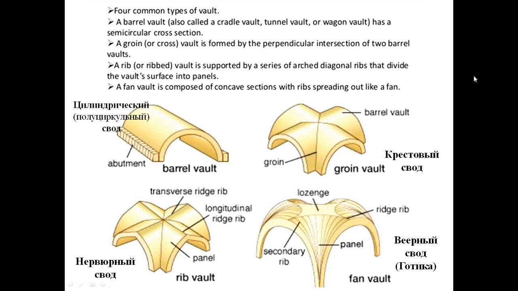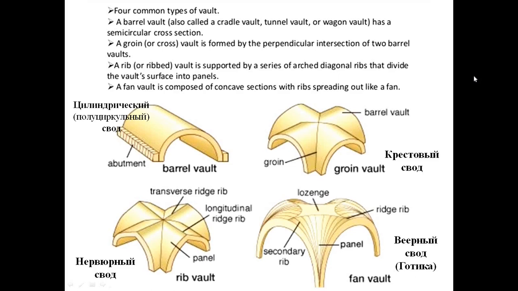So, to fulfill new functions, Romanesque churches evolved the extensive use of the semicircular, so-called Roman arch for windows, doors, and arcades, and also the barrel vault, arches forming a half-cylindrical vault over a rectangular space, or groin vaults.